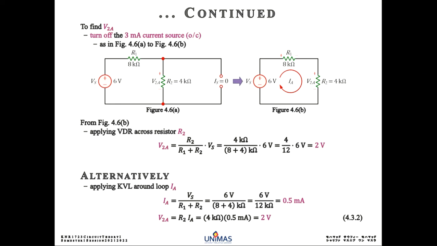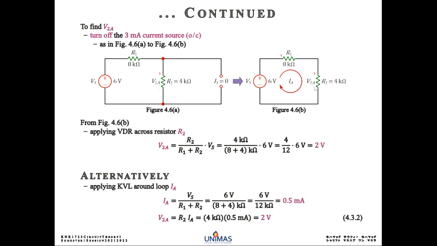Okay. So yeah, there are two ways to find V2A. Of course, the first one is the direct method. You can see from the circuit, you can apply voltage divider rule, VDR.